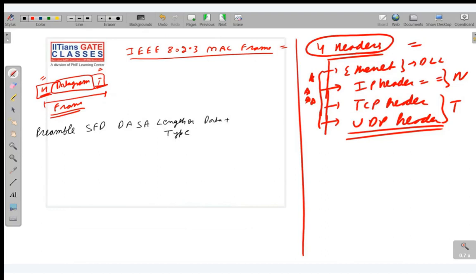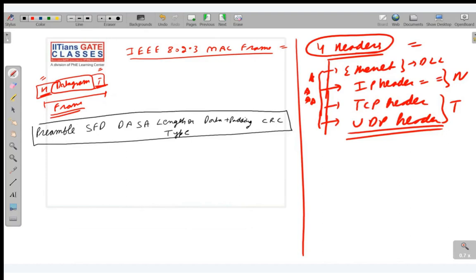Data plus padding. And then CRC, that is cyclic redundancy check. So they might ask you which error detection technique Ethernet is using. CRC. Yes. So the preamble is 7 bytes. SFD means start frame delimiter.